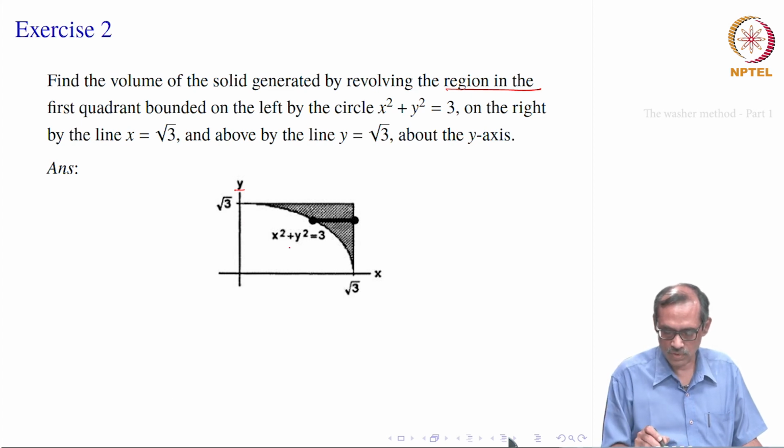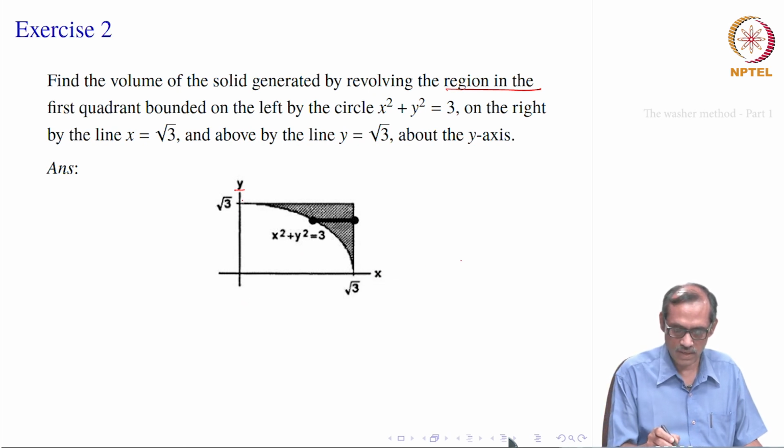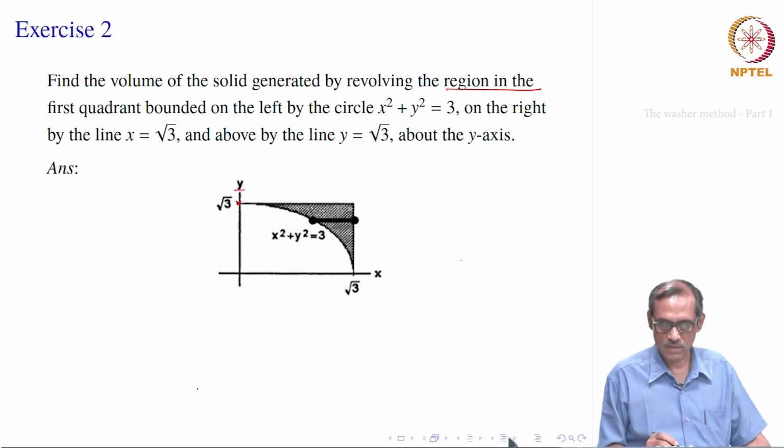Okay. So, that is the portion of the circle in the first quadrant. So, you get the points on the x axis as root 3, where y is 0, and on the y axis where x is 0, y is also root 3. So, these are the points of intersection with the axis of the circle.